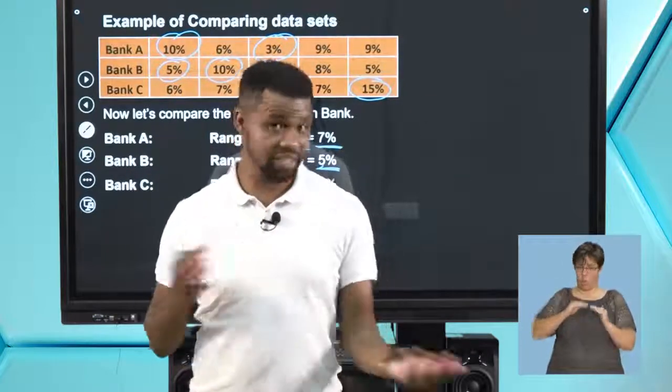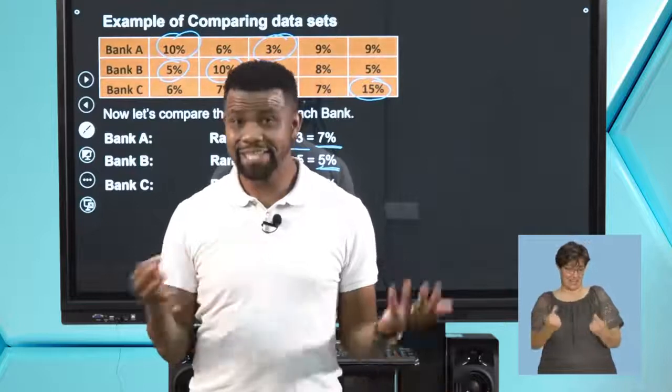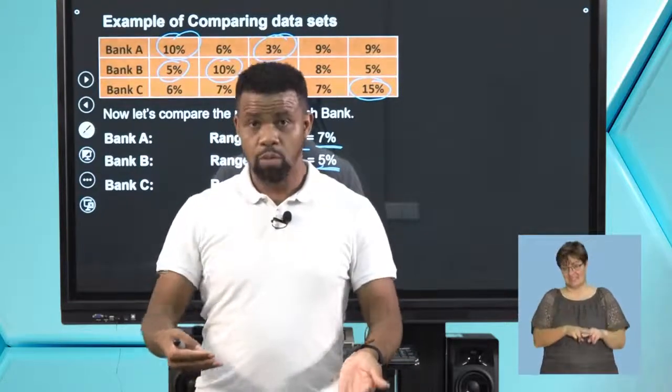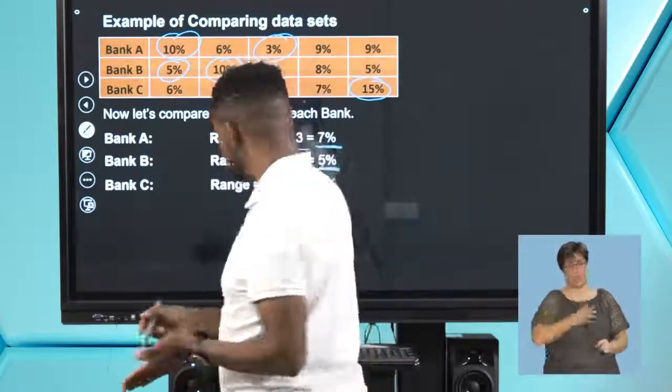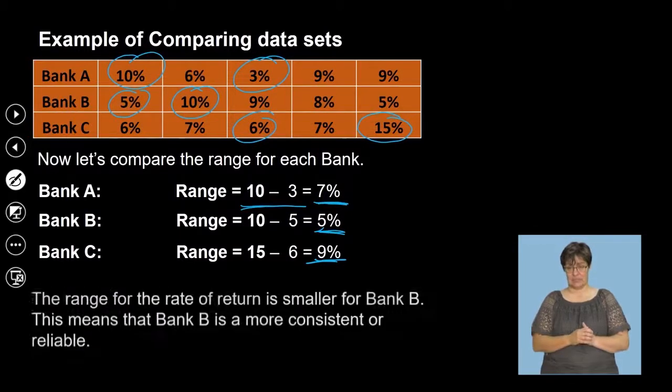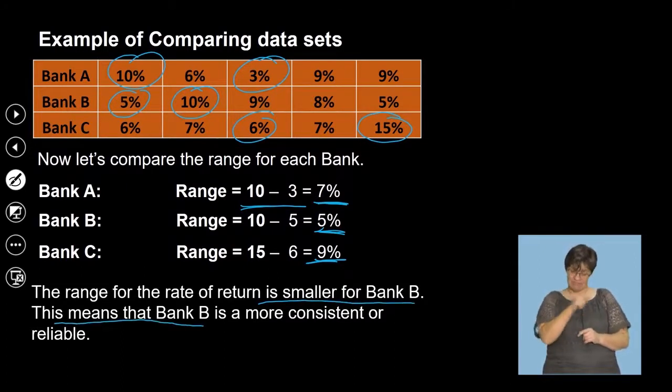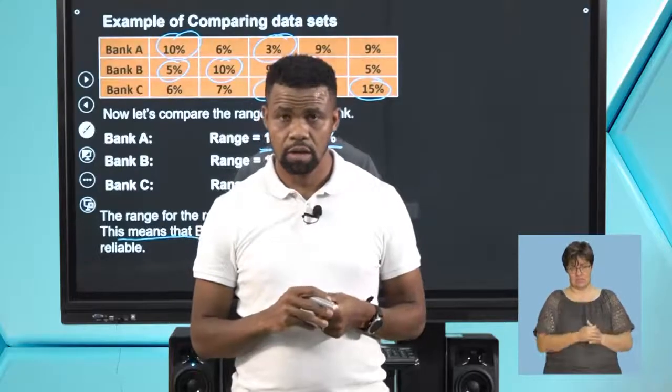Then you make those kinds of decisions. So it doesn't mean the same data leads us to the same decision. It will depend. What do you want? What are you trying to achieve? So based on this, the range for the return is smaller for bank B. This means bank B is more consistent or reliable in terms of performance. Are we together?